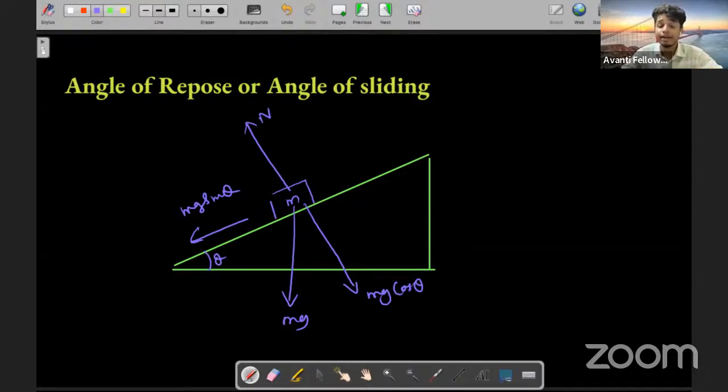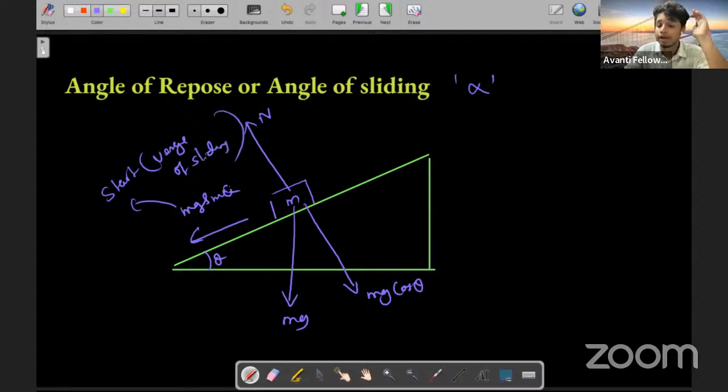Now, as I said, at an angle alpha, that is the angle of repose, this will start sliding, or be on the verge of sliding. Yes or no? Now, when you're increasing the theta, which is that force that is making sure that this body doesn't slide down? That is the limiting friction.